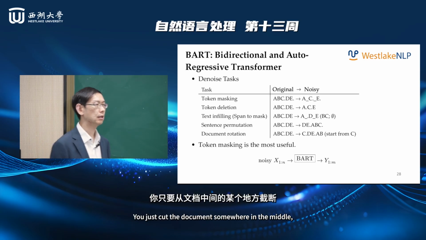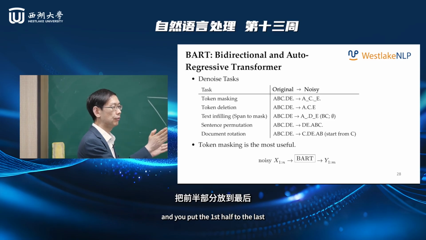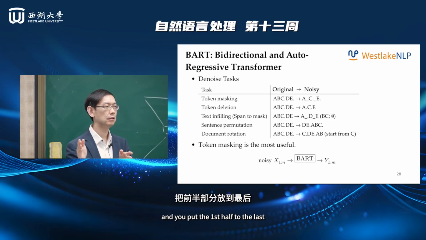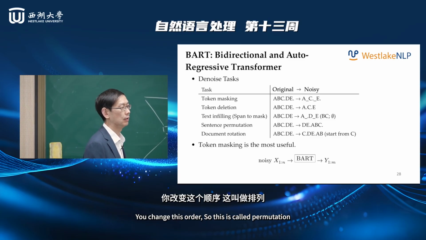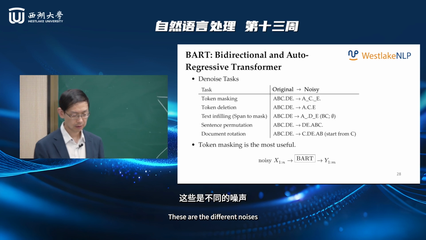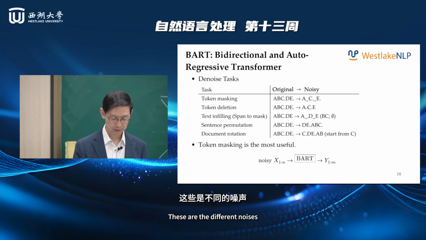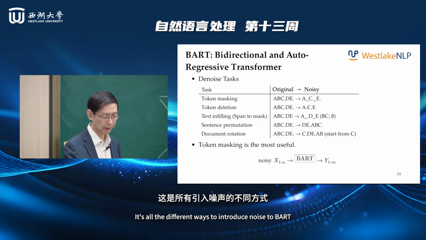You just cut the document somewhere in the middle, and you put the first half to the last. You change this order. So these are all the different ways to introduce noise to BART.